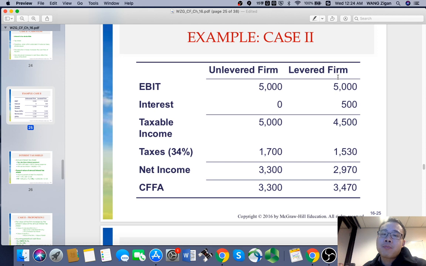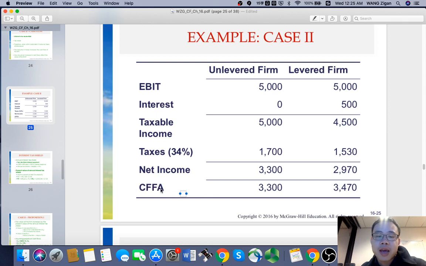When you borrow money, you pay the interest expense. So your taxable income is lower, and you save money from paying less taxes. So that is called the tax shield. You shield it through the interest expense by paying less taxes. So the CFFA, we talked about this in the previous one.